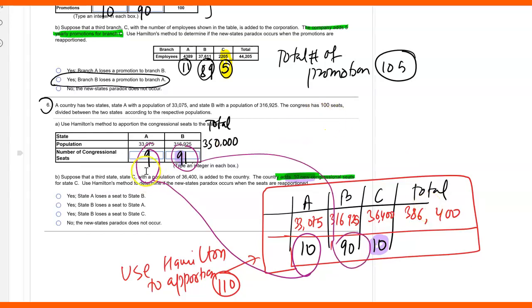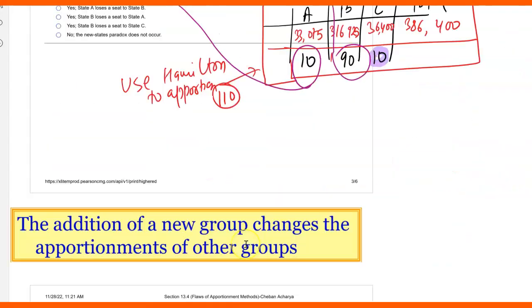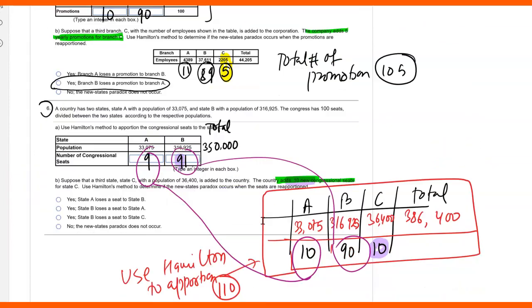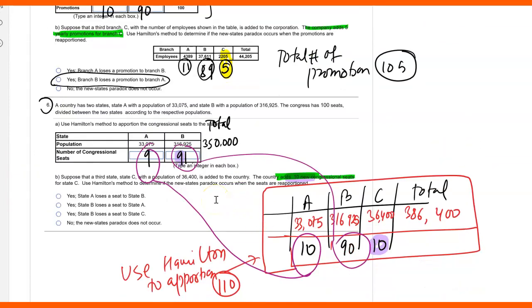Therefore, one state loses a seat, the other state gains. That's the new state paradox. The addition of the new group changes the apportionment of other groups. Therefore here, yes, the new state paradox occurs because state B loses a seat to state A. Okay, the answer is this.